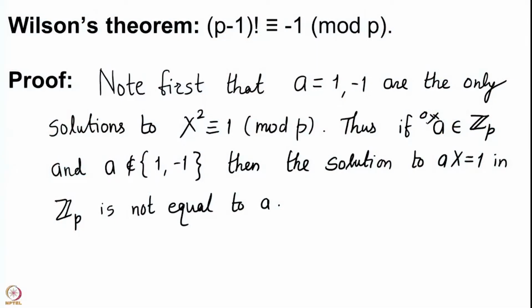We know that Ax equal to 1 has a solution. So, we know that there is an element B again in Z_p such that A into B gives you 1. This is something that we have done quite often, when we looked at A equal to 5, let us say, and p equal to 7, and we wanted to solve 5x congruent to 1 modulo 7.